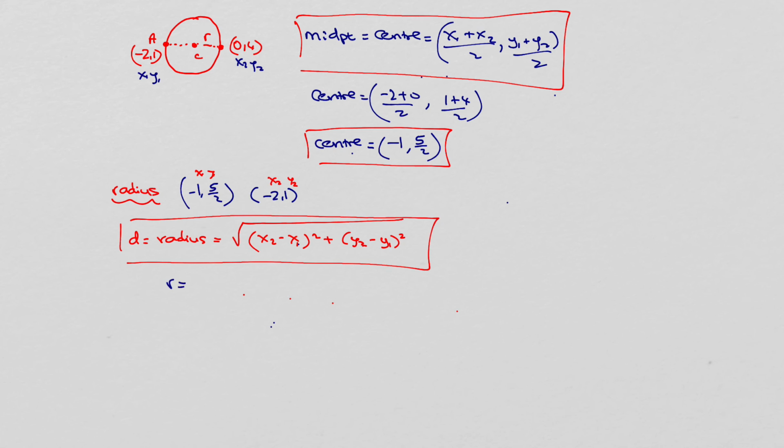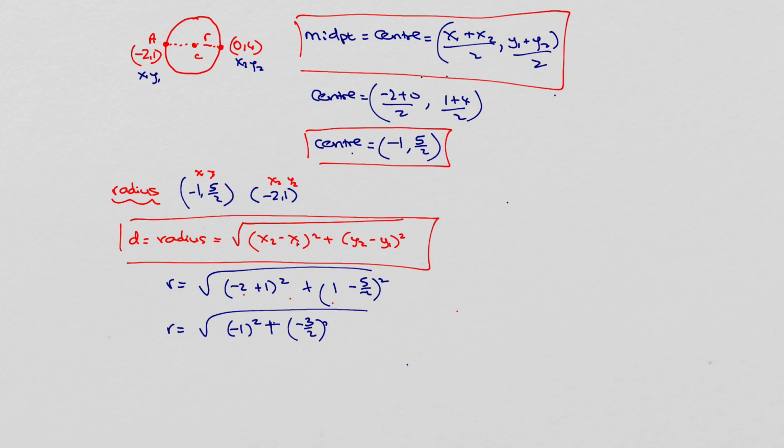Okay. So therefore the radius is x2, minus 2 minus minus 1, squared, y2 is 1 minus y1, squared. So we have minus 1 squared plus 1 minus 5 over 2, which is minus 3 over 2 squared. So if I sub that in, I end up with the square root of 13 over 2 as my radius.